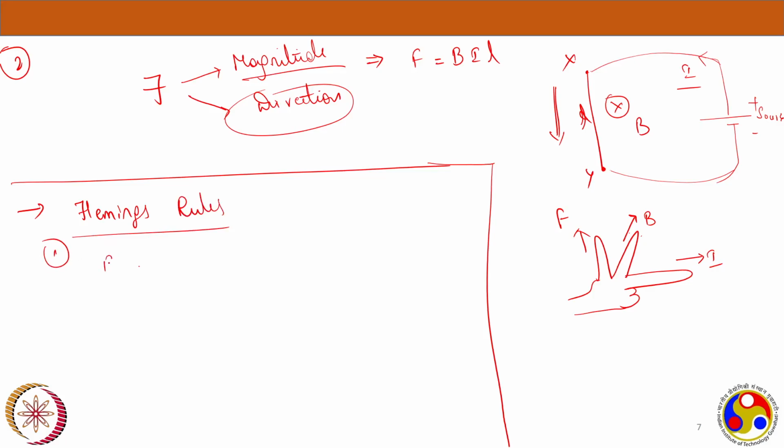First one is the right hand rule. Right hand rule is used for finding the polarity and magnitude of the generated voltage.